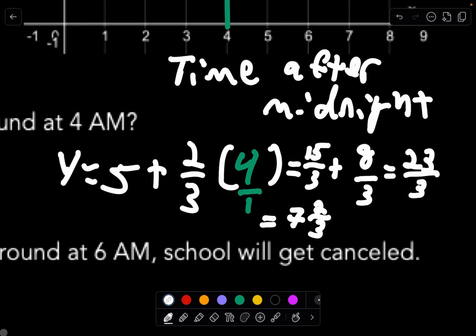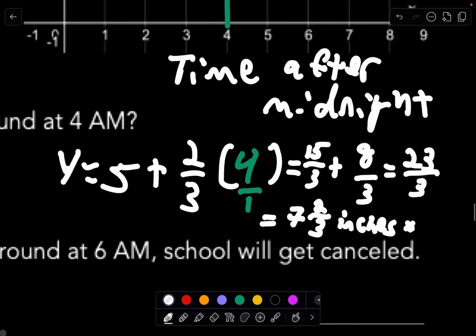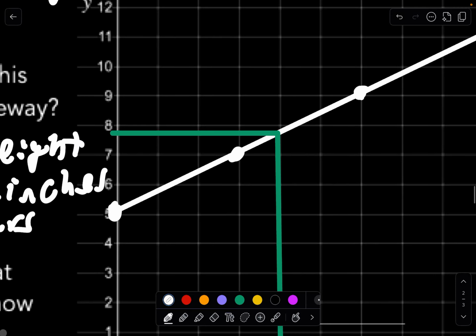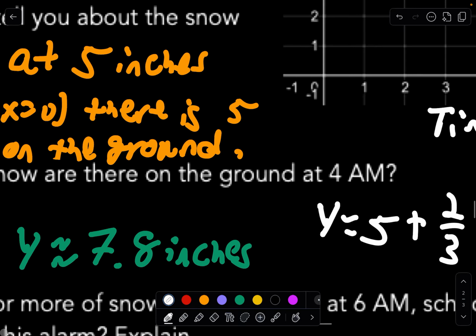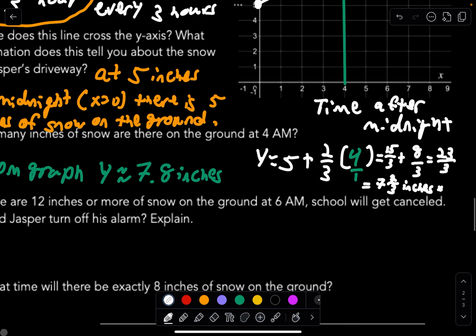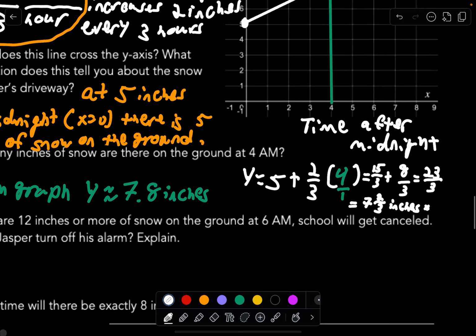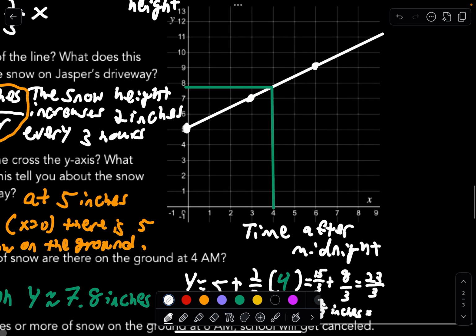So it's 7 2/3 inches. Okay. Now notice, this is the more precise answer. This was an estimate, and from the estimate we got about 7.8, and it's actually 7.7. So I was a little bit off, but by doing this by hand, that's a pretty good idea. All right.